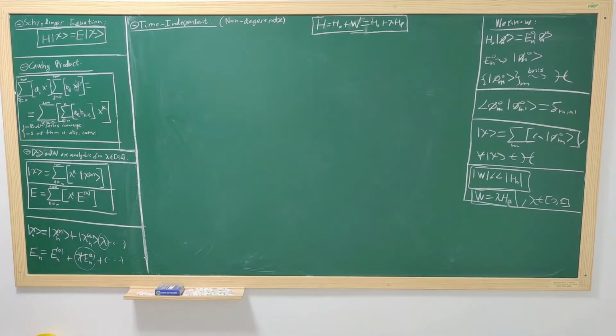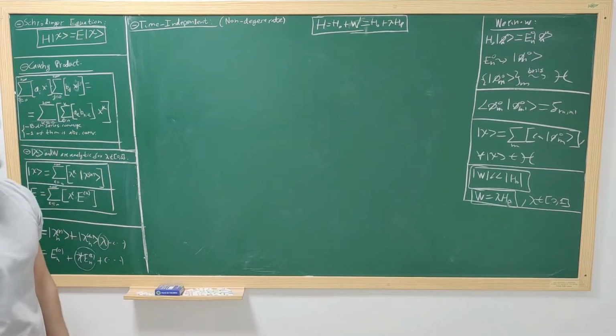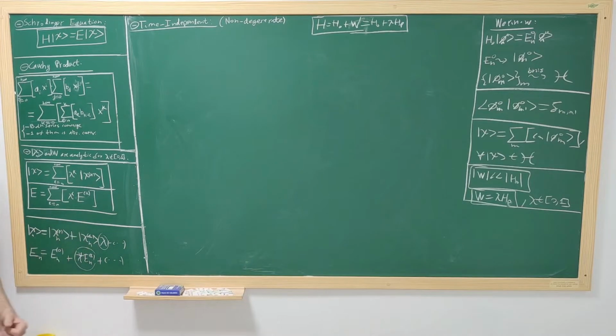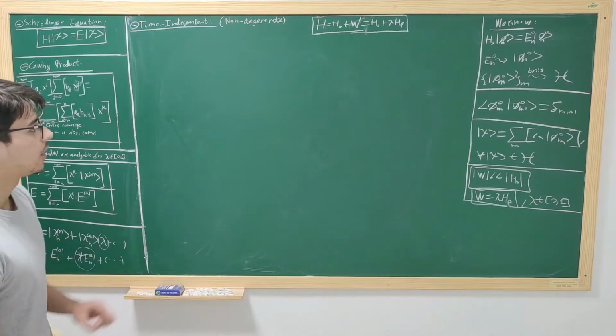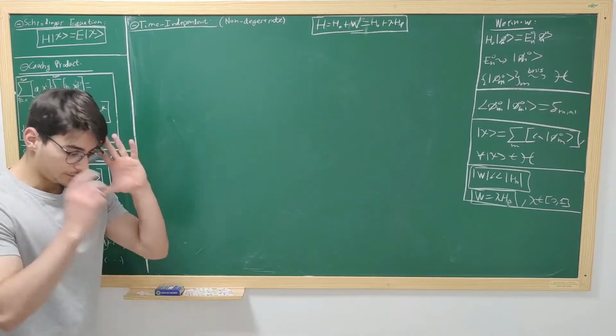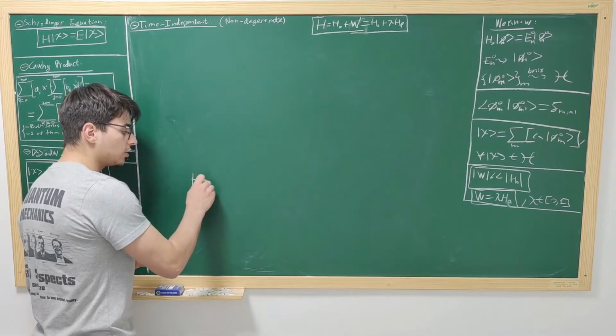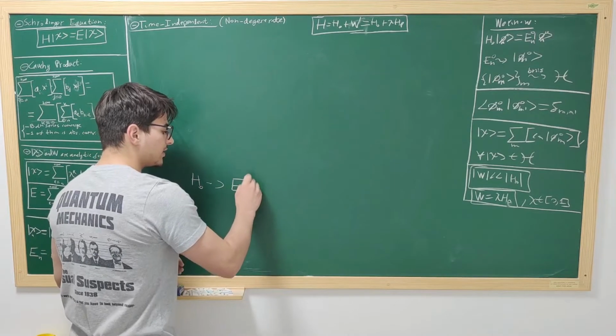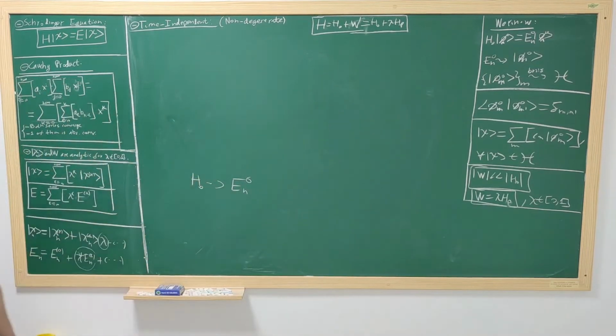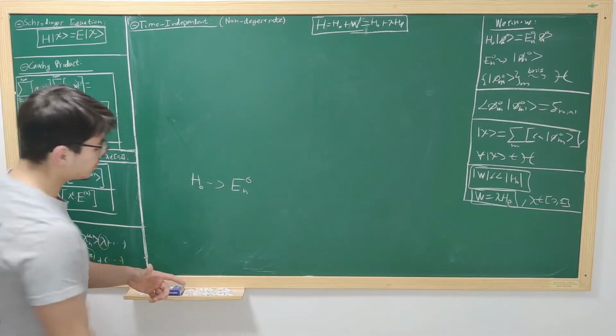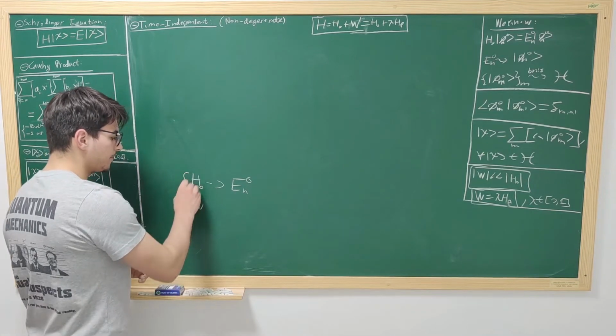So once we have all of this, we can get on with actually solving our problem. But before we do that, just again think about what we're doing. We have some system, original system H0, which we know that its energy levels are that. We're certain about this. Now we introduce some perturbation.